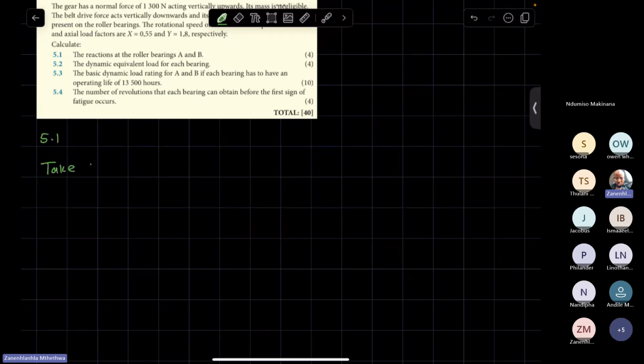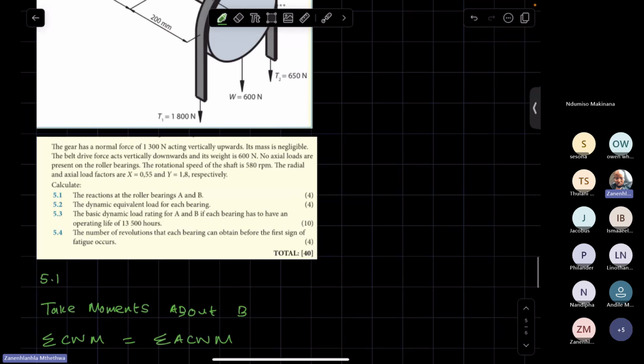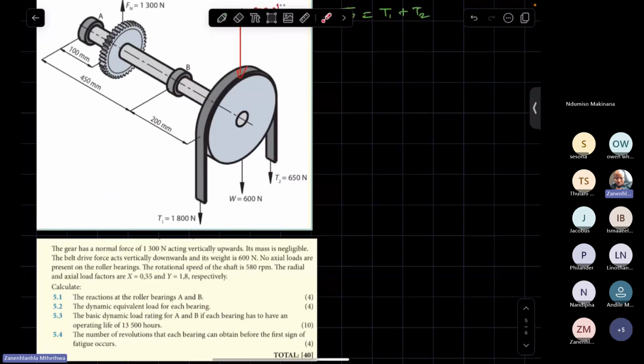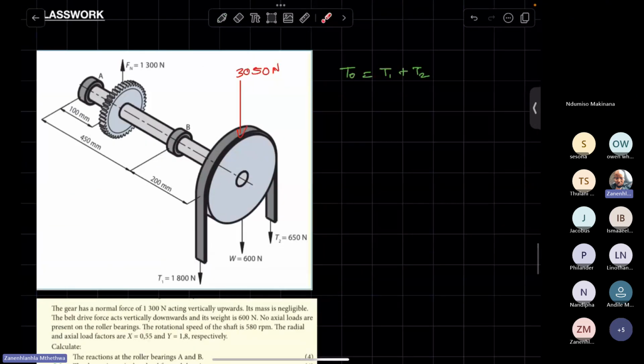You take moments about B. Sum of clockwise moments is equal to the sum of anti-clockwise moments. So now we look at the turning effect each of these forces has towards point B, since we are taking moments about B.